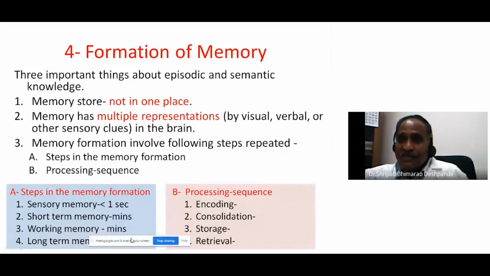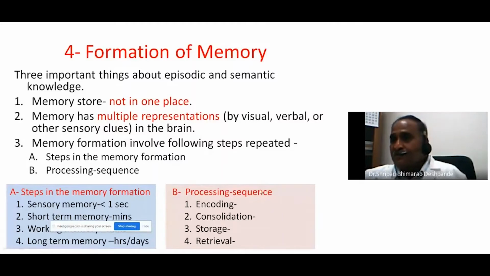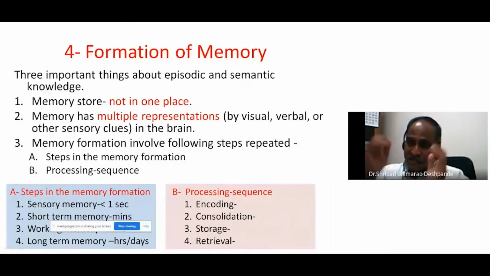So now these are four components here. Another four components here show how the memory is processed. It is processed in a sequence. The encoding, that is the codification; then storing, that is the consolidation, which means before storing it has to be consolidated or processed.